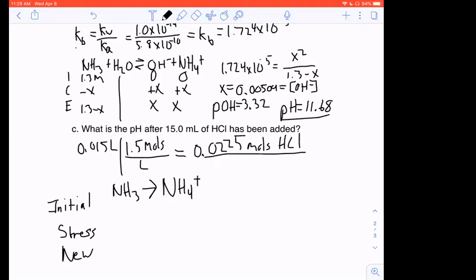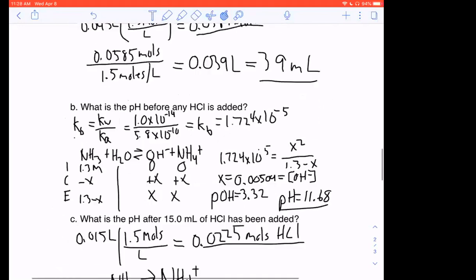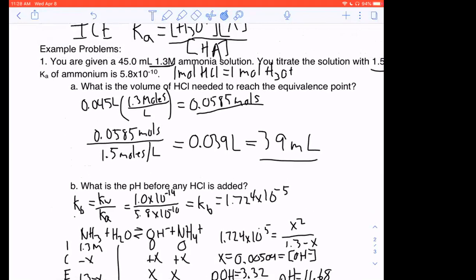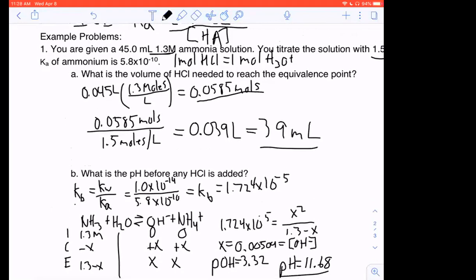The initial here is going to be the initial number of moles of NH3 that were found. We actually found that number of moles when we did the volume calculation for the equivalence point. We figured out that there were 0.0585 moles of ammonia in the solution.